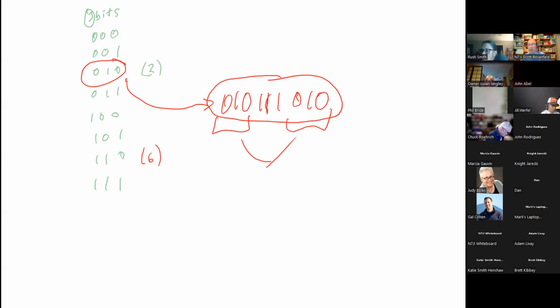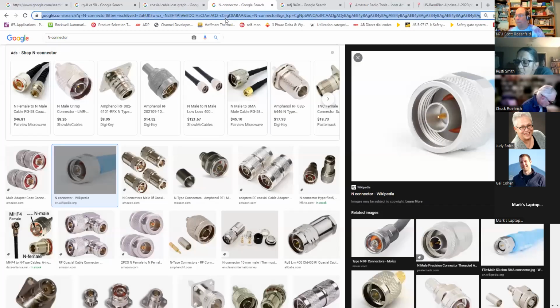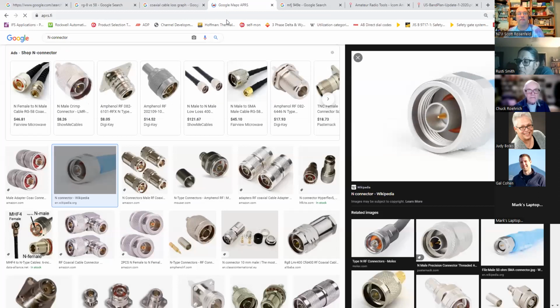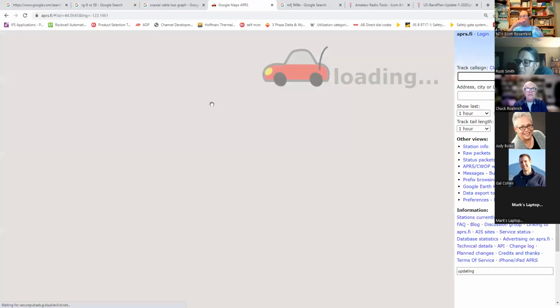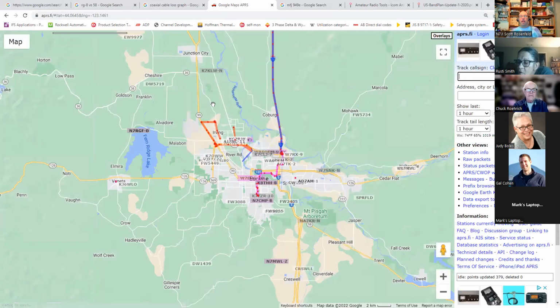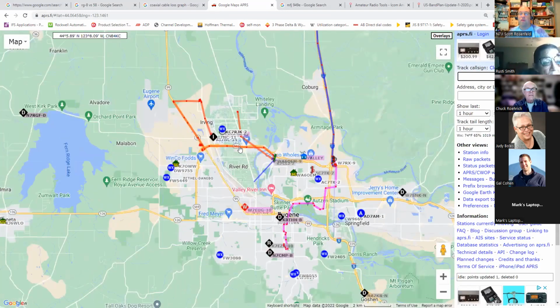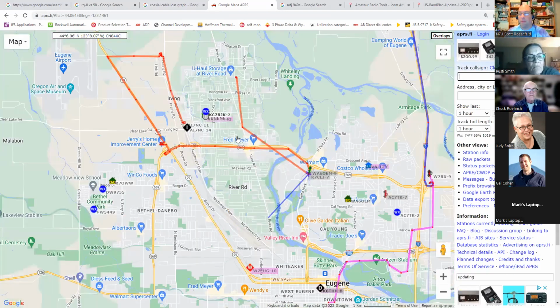APRS is a hybridized system of radio and GPS, or the global positioning system, and mapping. So you can take a look by going to, for instance, aprs.fi and see that it's loading. And what people basically do is take a radio and a GPS and they'll combine the two, and they'll continually send out, here I am, here I am, here I am.